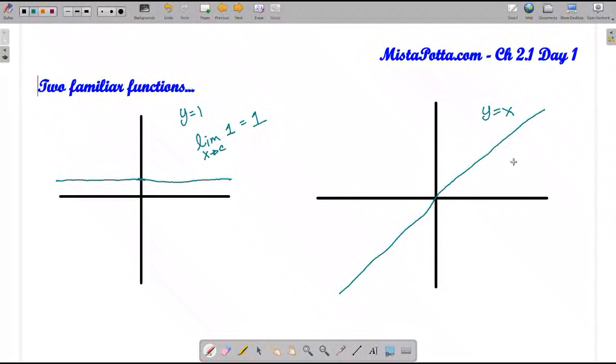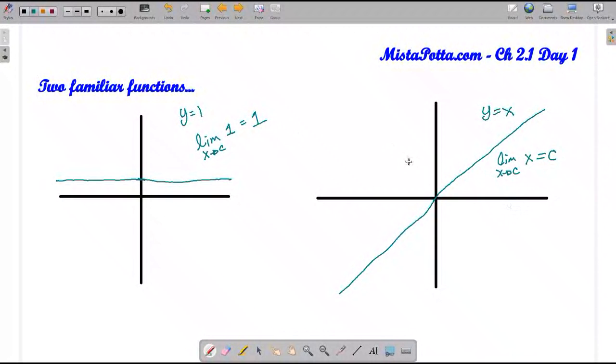And similarly, if I were to look at the limit as x approaches c of my function x, well, as x approaches c, y is equal to x, so my y value also is going to have to be c.